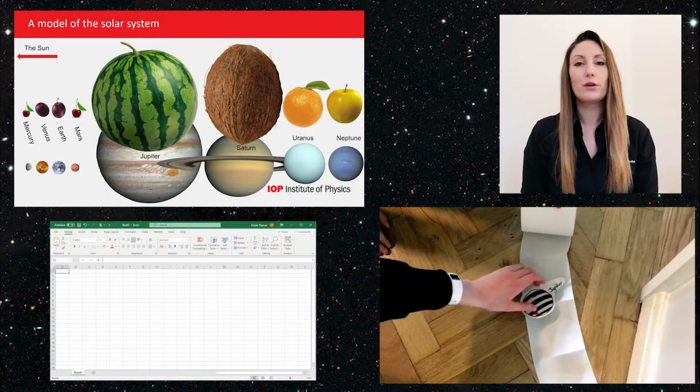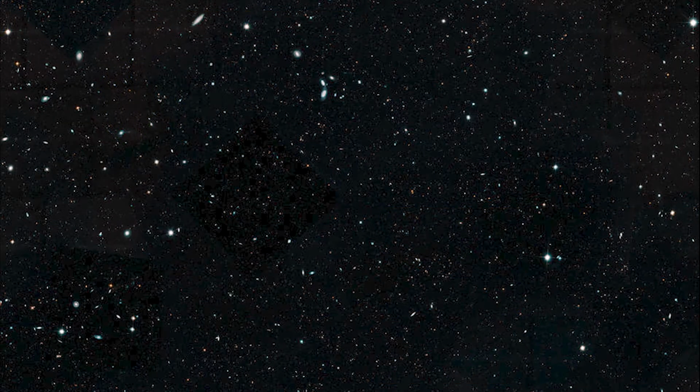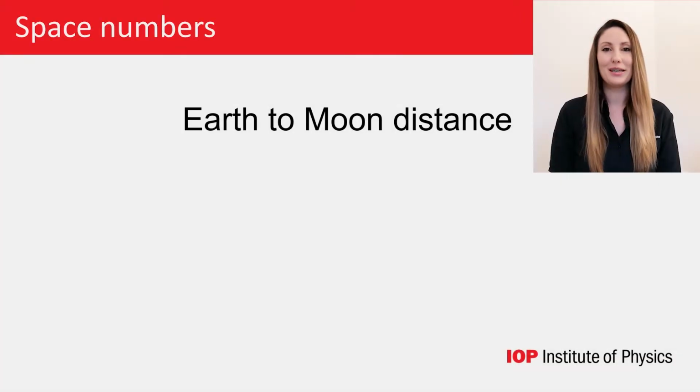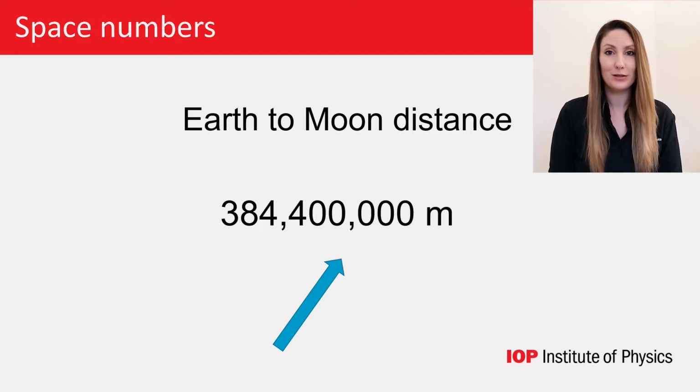So far, we have covered the relative distances and sizes of the planets, so let's put some numbers in. A discussion of these numbers in units is a fun way of getting numeracy skills or spreadsheet skills into your lessons. The Moon is on average 384,400,000 metres away from the Earth.